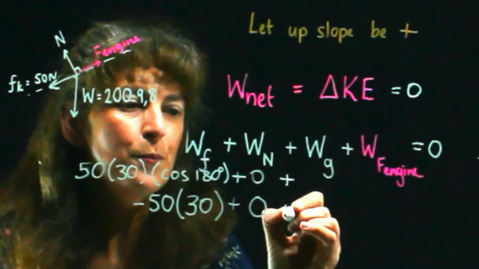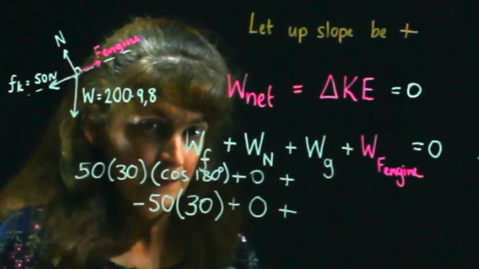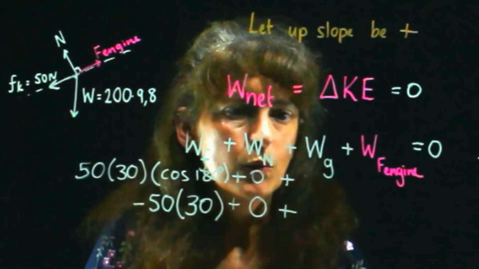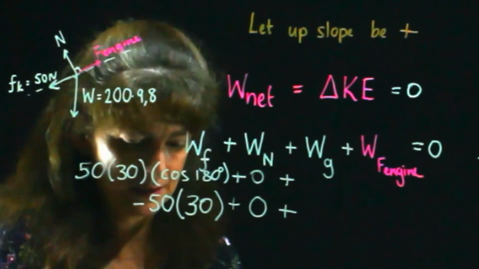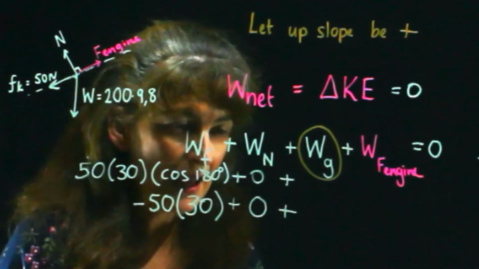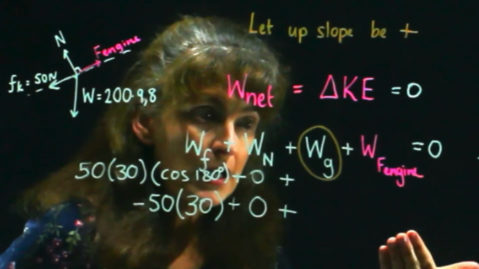All right, then what about the work that gravity does? So that's a bit of a tricky one. I'm coming to that. We need to figure out how to get this work that gravity does. But before we get to that, remember, work done by the engine is what we actually are interested in.